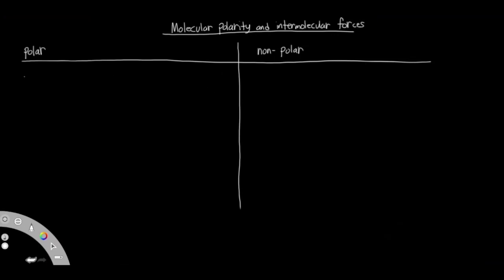A polar molecule is when one end is more positive. We'll abbreviate this as more positive, okay, this symbol. And the other end is more negative.